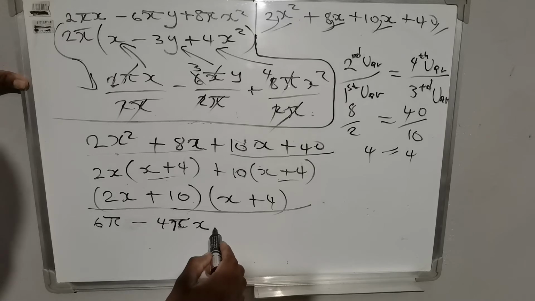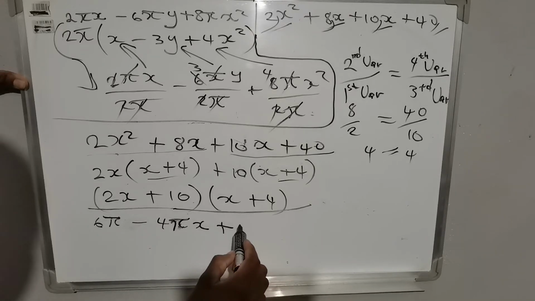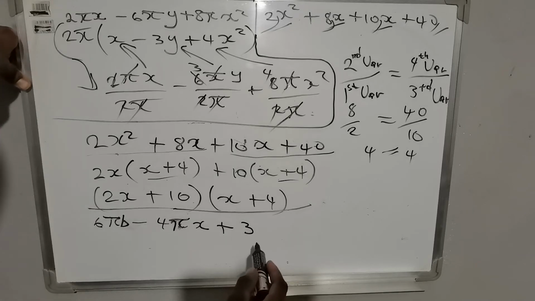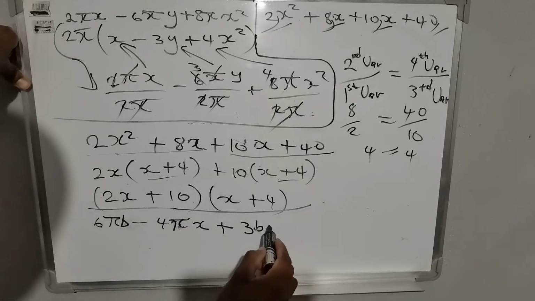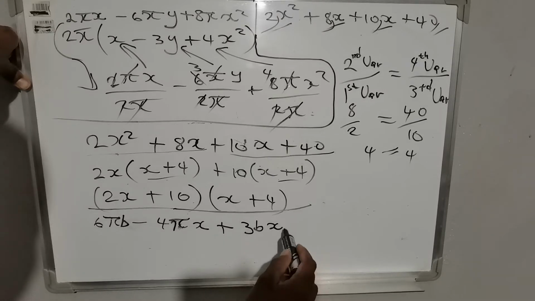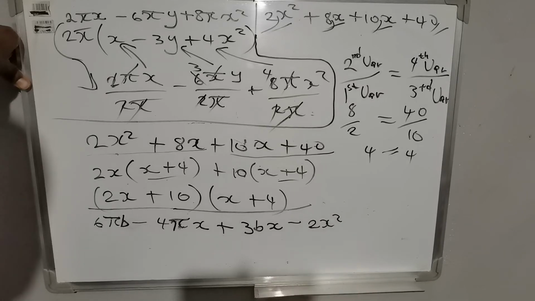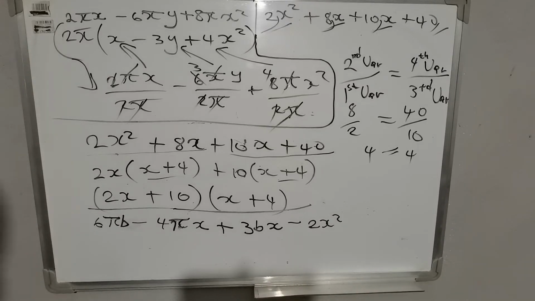Plus 30, let's just say, okay, let's add something to make it interesting. Let's say 3b there, and let's say bx minus 2x. I'm trying to make an equation that will make things easy for us.